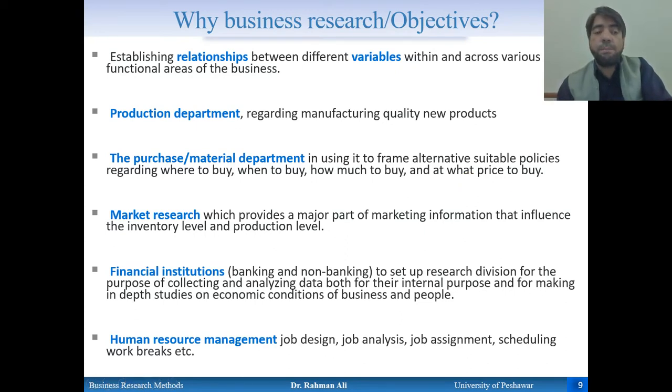So this is only possible with business research. Similarly, a market researcher also needs to have the concept of business research, otherwise market research is not possible.